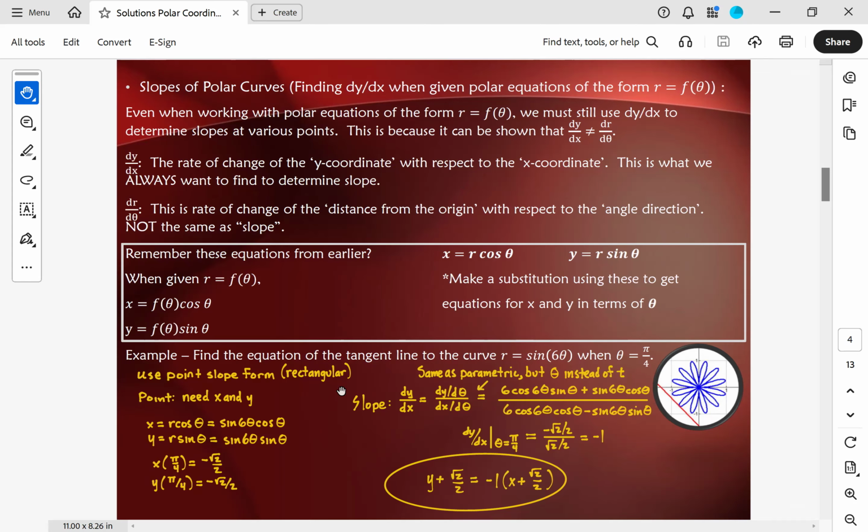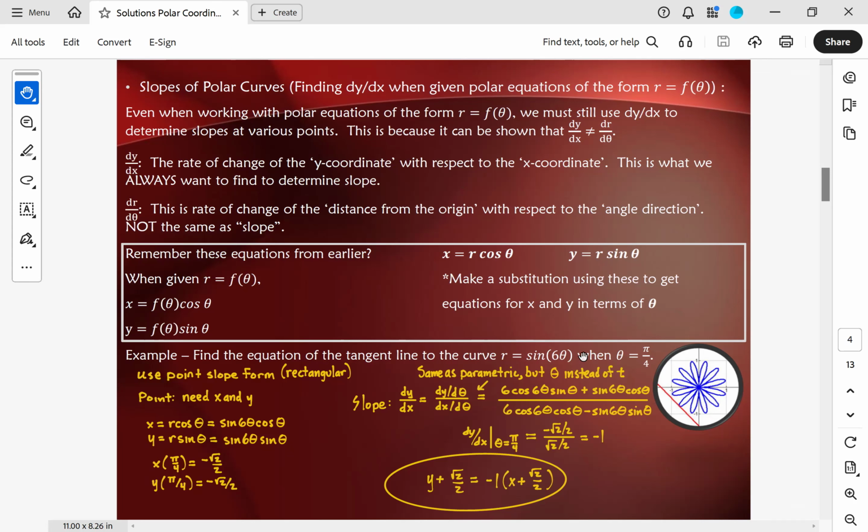Anyhow, to find the equation of this tangent line when theta equals pi over 4, your first thought might be, well, that certainly doesn't look like it's the direction of pi over 4, does it? Well, hold that thought because, my friends, you should know a trig circle by now. And when you have an equation, we should know how to plug numbers in. You could test for yourself why this picture does make sense.